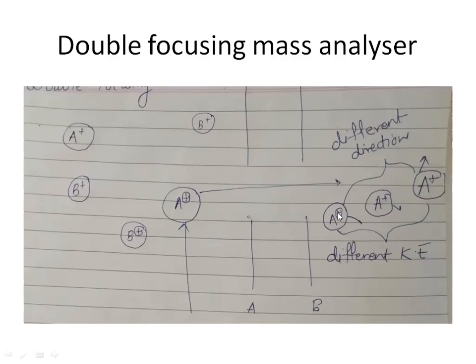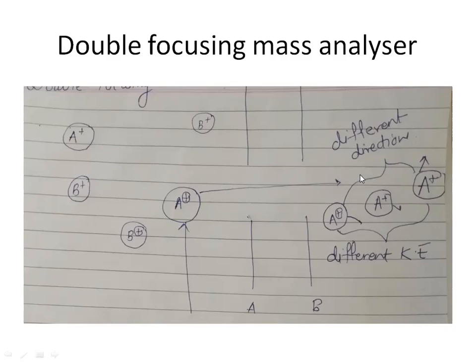There is also a little bit of difference in the direction of the ions. Ideally, the ions should travel in the same direction, but this is not the case. As per the Boltzmann distribution, there is a little bit of difference in the direction of all those ions also.